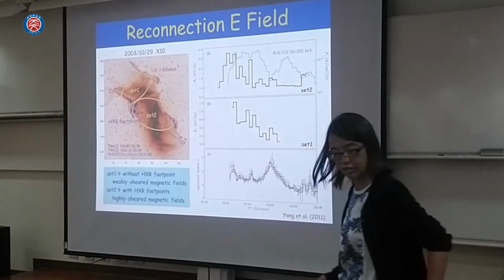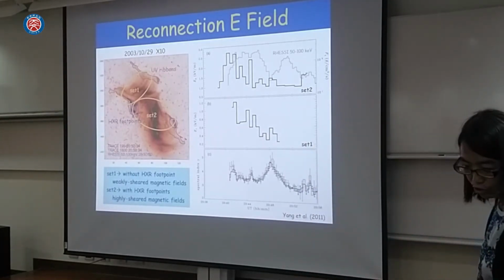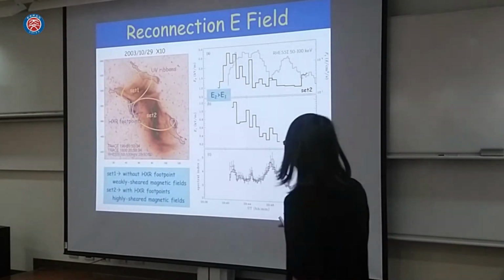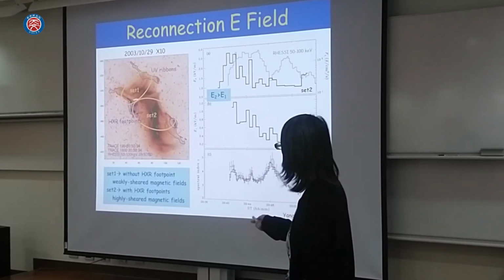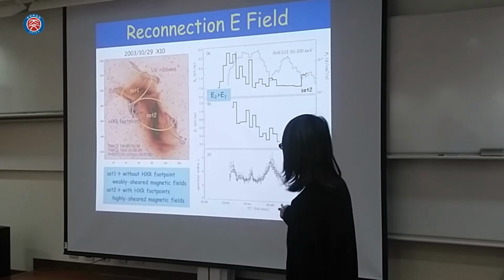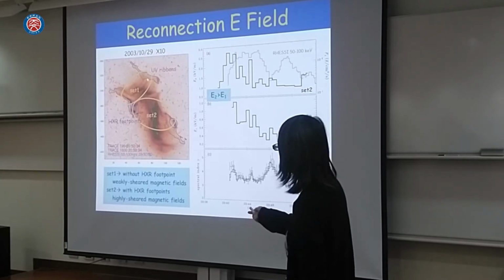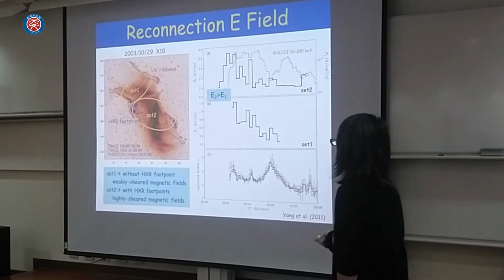So you can see two features. One, the E2, the electric field at the high shear region, is higher than the electric field at the low shear region.